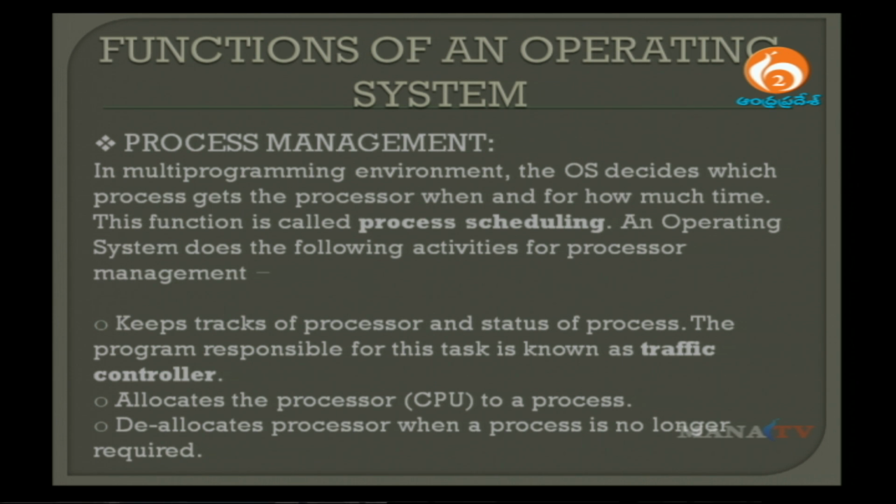The OS decides which process gets the processor, when, and for how much time, as I have already said. When the OS is deciding which process gets the processor when and for how much time, the entire function is called process scheduling. An operating system does the following activities for processor management.